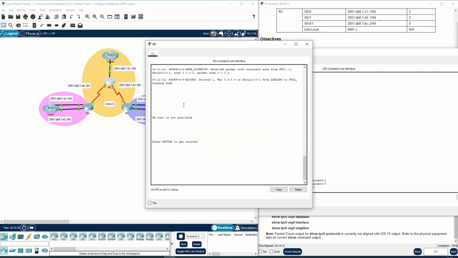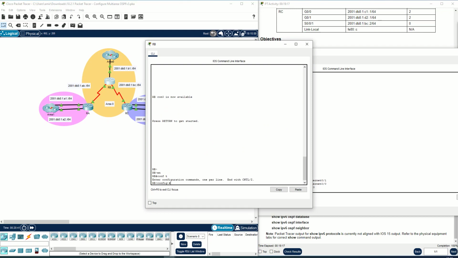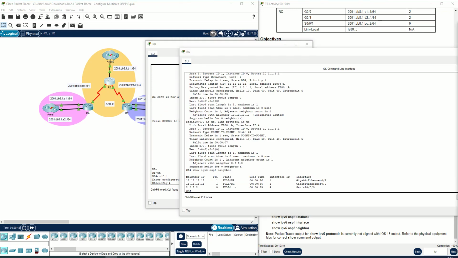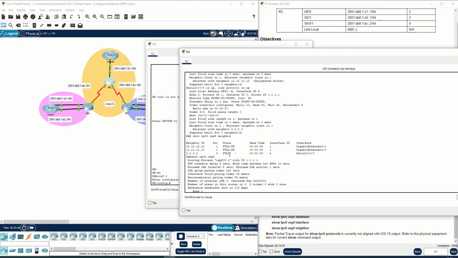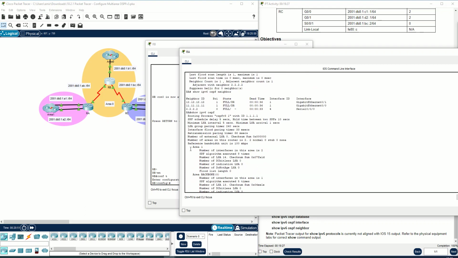For example, for router B, you can also gather some information about which area router B is in.